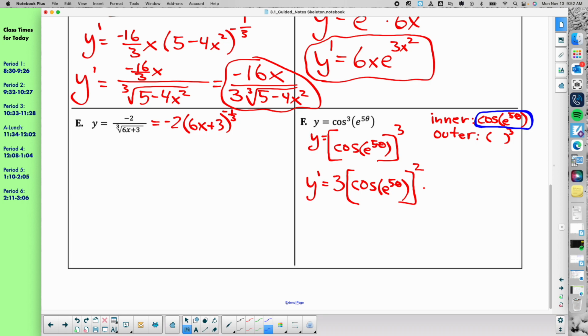Because right here, I'm supposed to write the derivative of the inner. Well, my inner has a bunch of information, so it's not simple, straightforward. So I'm going to start inner and, I don't know where to write this. That won't hurt right there.